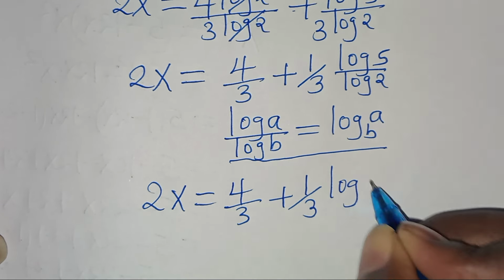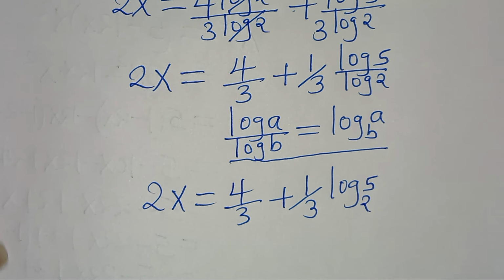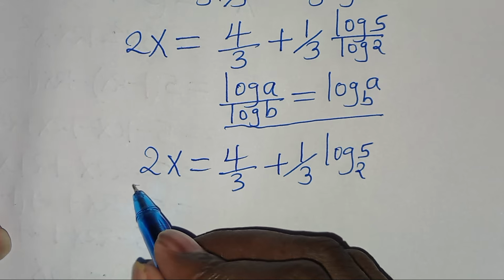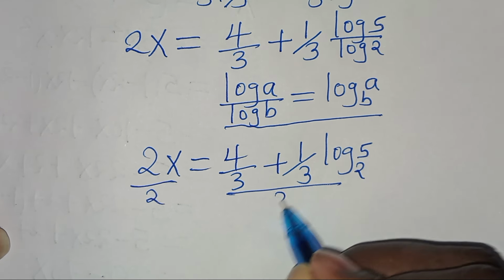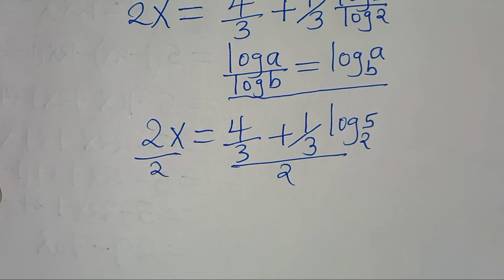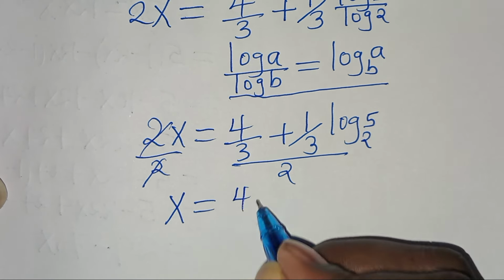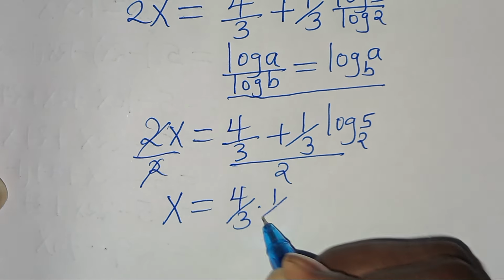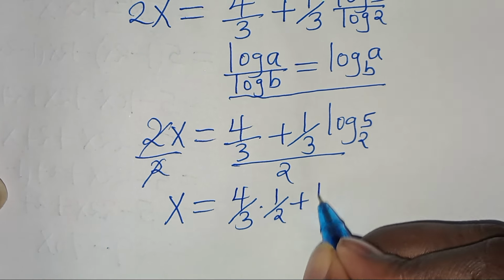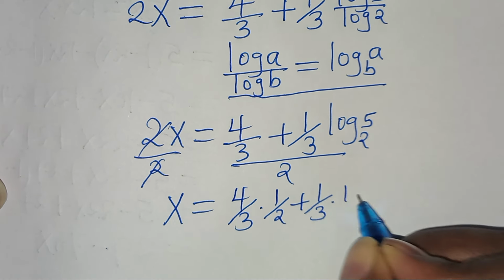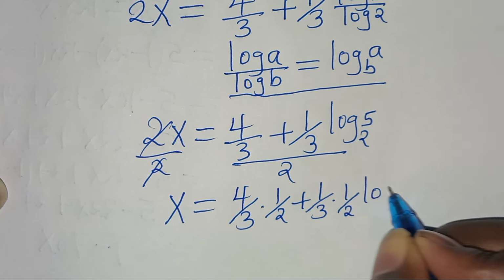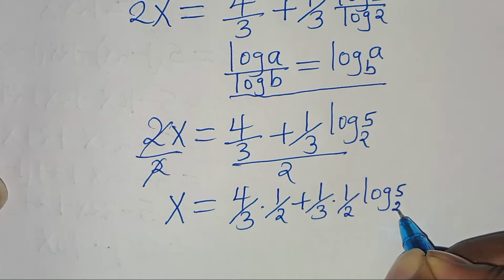This is log 5 to base 2. Let's divide both sides by 2. And this implies that we have x is equal to 4 over 3 multiplied by a half, then plus 1 over 3 multiplied by a half. This is log 5 to base 2.